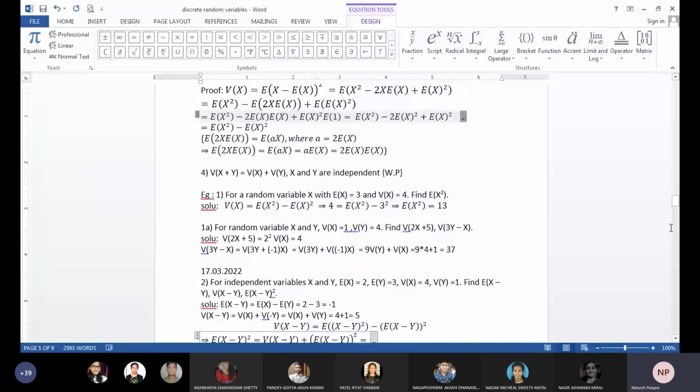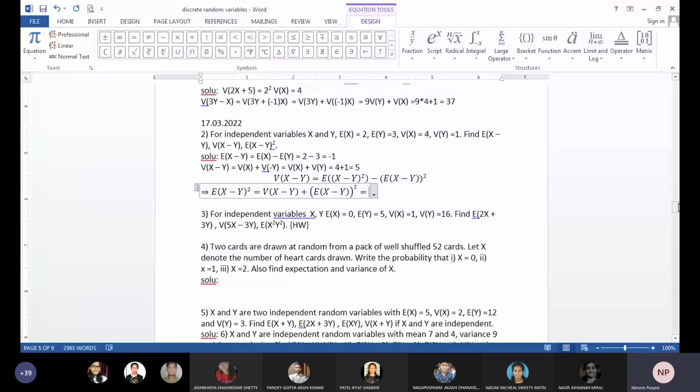Correct? This is what we get. Right? So variance of x minus y, just now we calculated it was 5. Expected value of x minus y was minus 1. So this will be square of minus 1. So you will get the answer as 6.